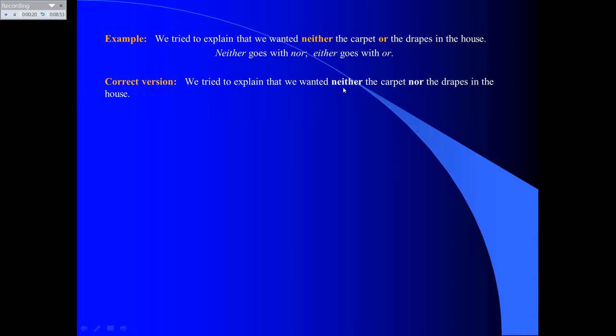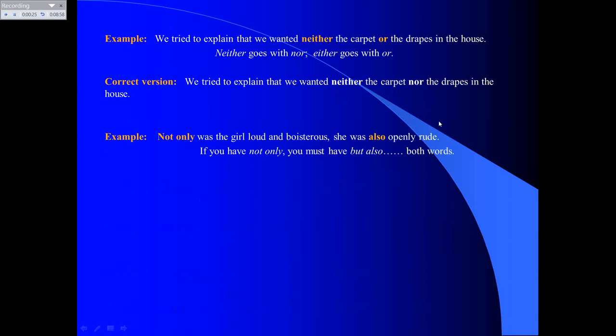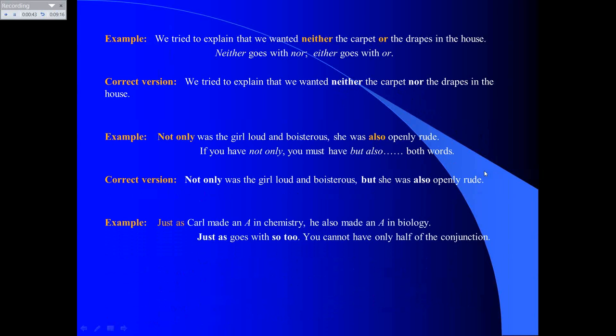We tried to explain that we wanted neither the carpet nor the drapes in the house. Here's another one. Not only was the girl loud and boisterous, she was also openly rude. We've left off the but. If you've got not only, you need to have but also. Not only was the girl loud and boisterous, but she was also openly rude.